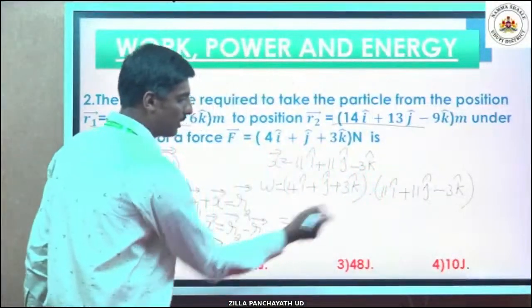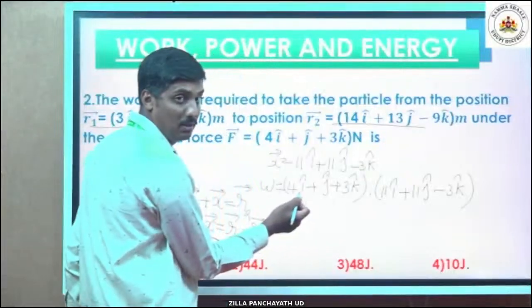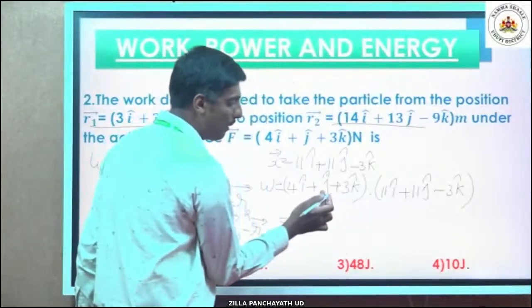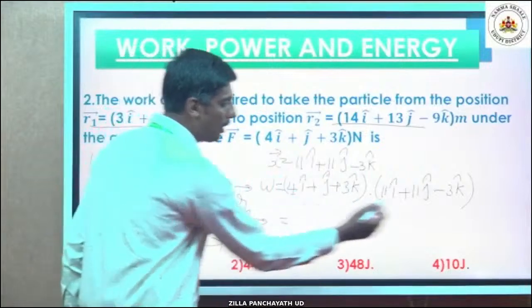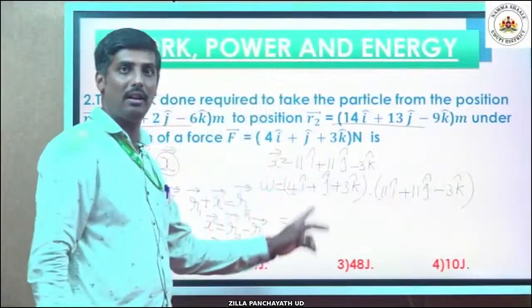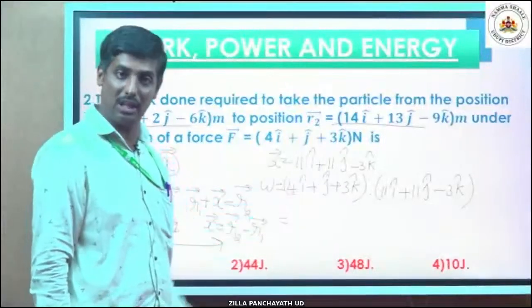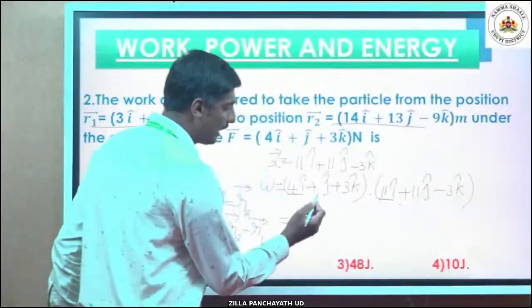So what can we do? Just take the dot product of these two vectors. We know that I cap dot I cap is 1, J cap dot J cap is 1, K cap dot K cap is 1, but I cap dot J cap is 0, I cap dot K cap is 0. That means the dot product of different vectors is 0. That's why we multiply only I cap with I cap, J cap with J cap, K cap with K cap.